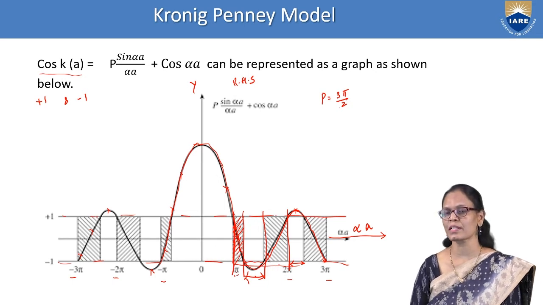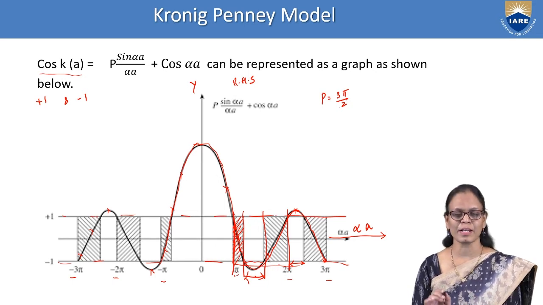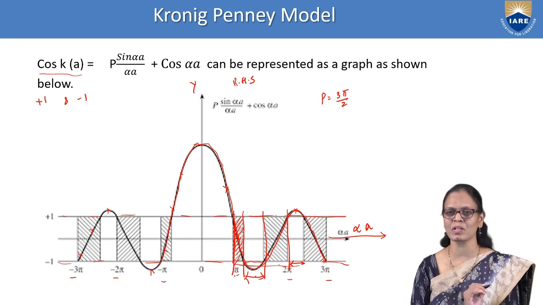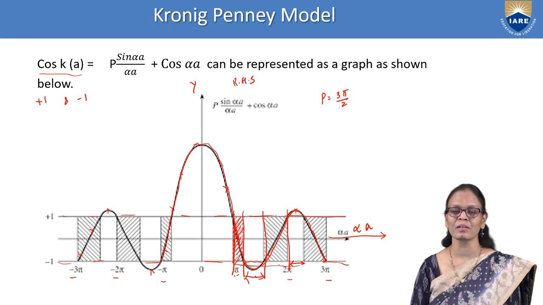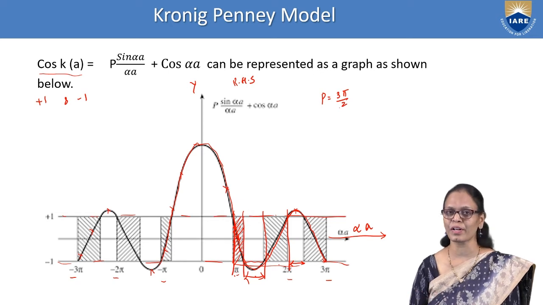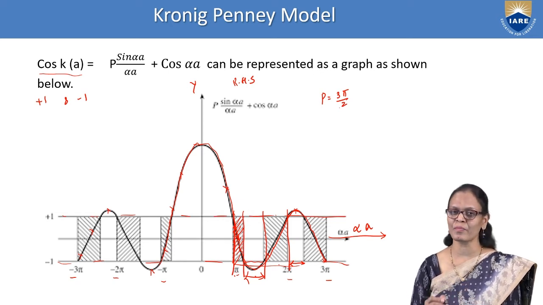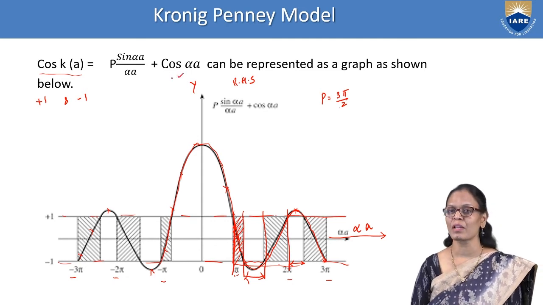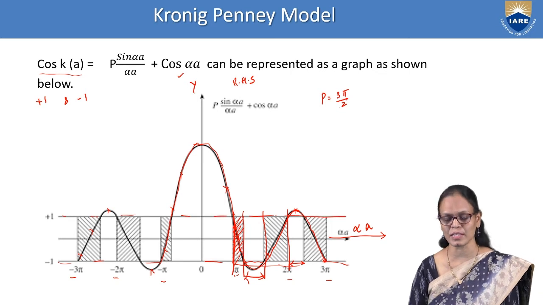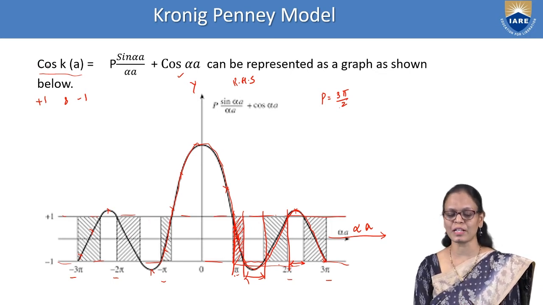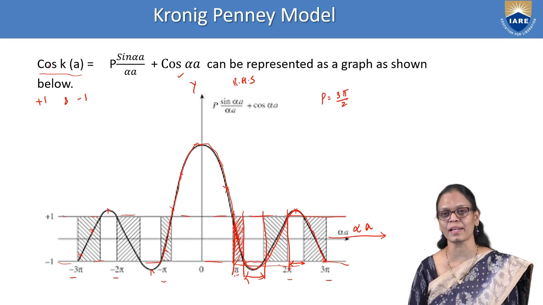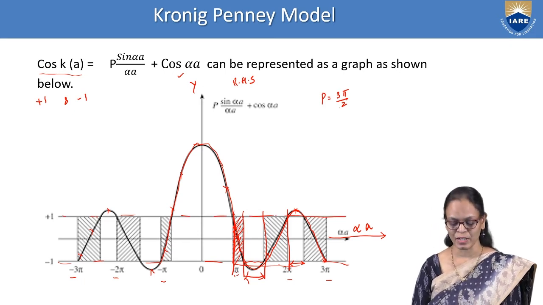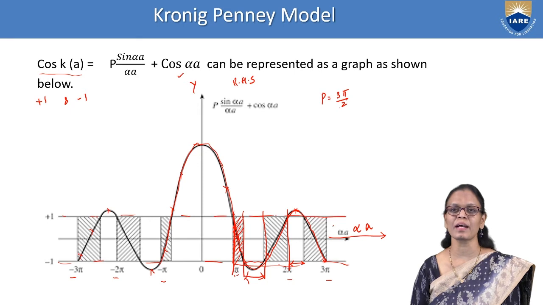So what we are trying to understand is, first we started with the constant potential. We have understood that the constant potential is an oversimplified assumption, but it should be periodic. Periodic means the electron is moving in a potential that varies in a periodic fashion. And after Kronig and Penney applied this model and came up with this result, what this equation tells us is, with the help of the limitations on the values of cos Ka, only certain regions are allowed.